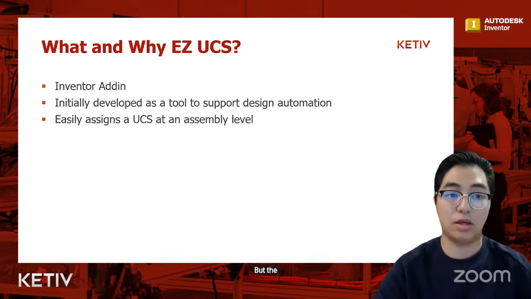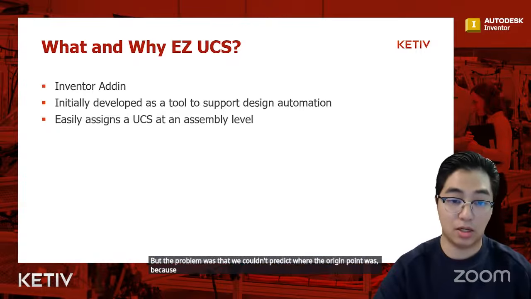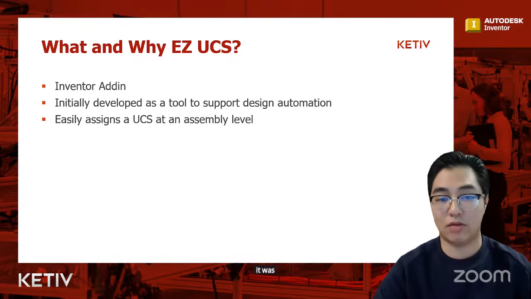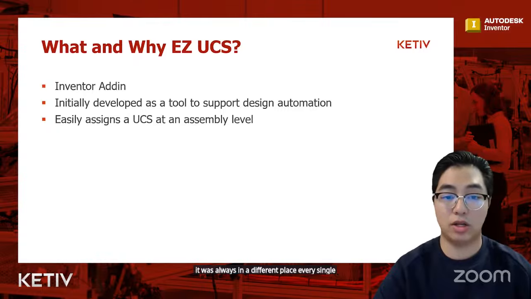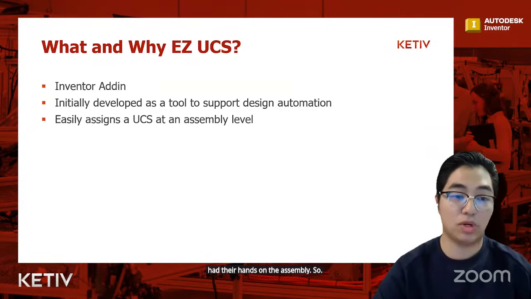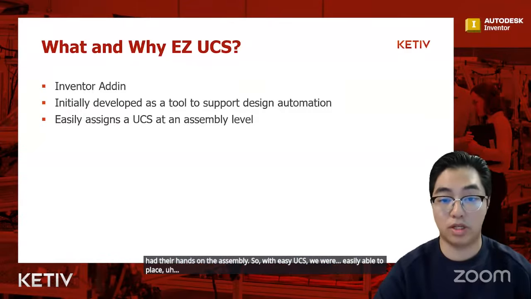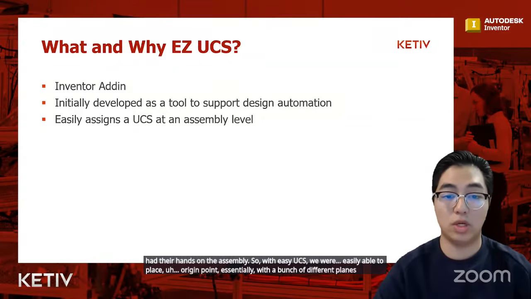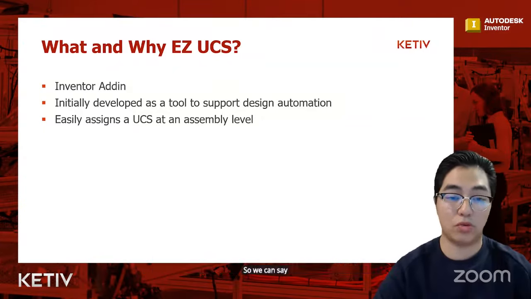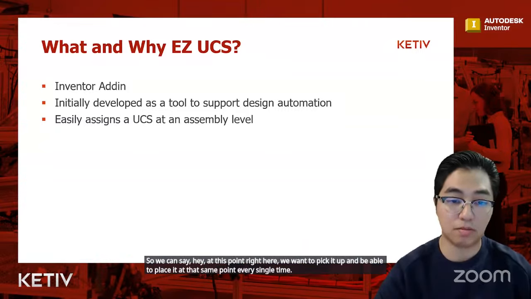But the problem was that we couldn't predict where the origin point was because when they made it, it was always in a different place every single time, depending on which engineer had their hands on the assembly. So with EZ-UCS, we were easily able to place an origin point essentially with a bunch of different planes and axes. So we can say, hey, at this point right here, we want to pick it up and be able to place it at that same point every single time.